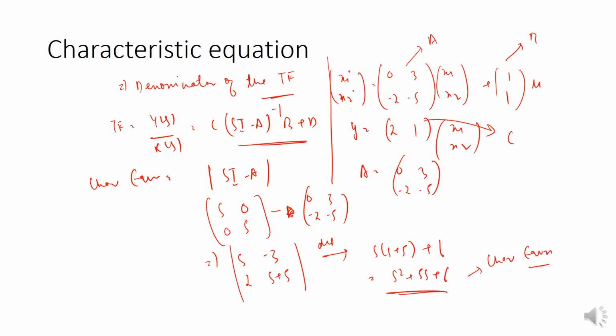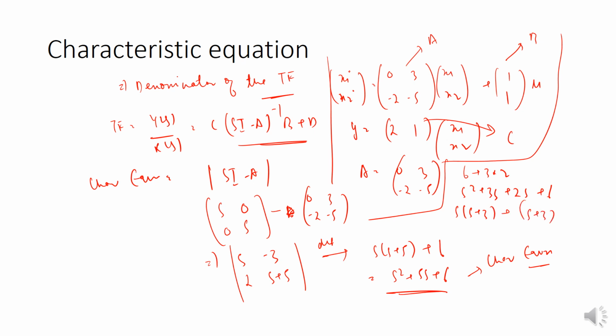You can also find the roots of this equation. Now 6 is 3 into 2, so S square plus 3S plus 2S plus 6. So S into S plus 3 plus 2, I hope this is right, S plus 2 into S plus 3. So minus 3 and minus 2 are the roots of this equation. This can also be written as S plus 2 into S plus 3.